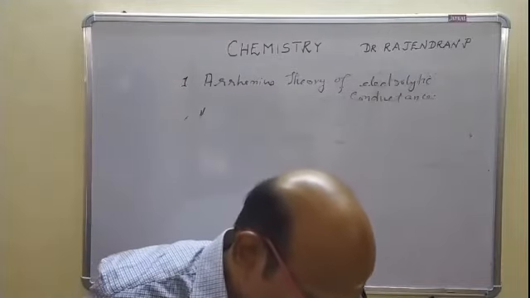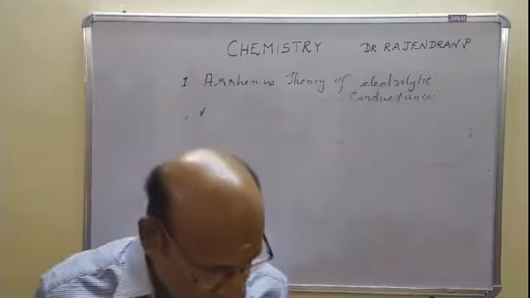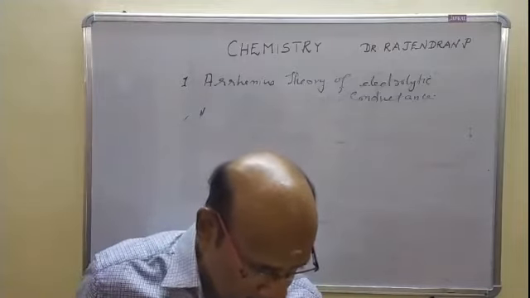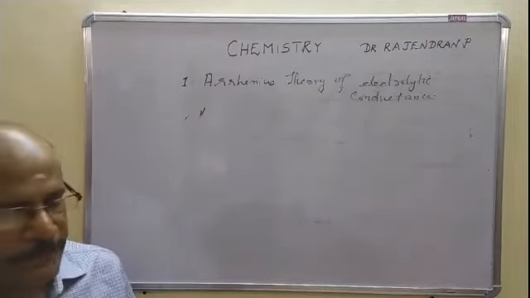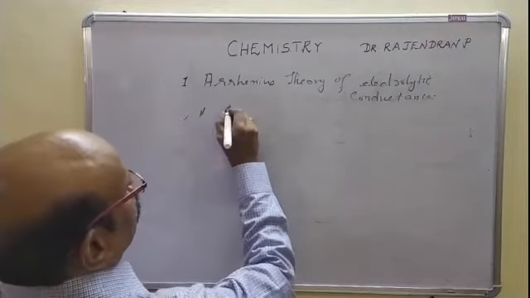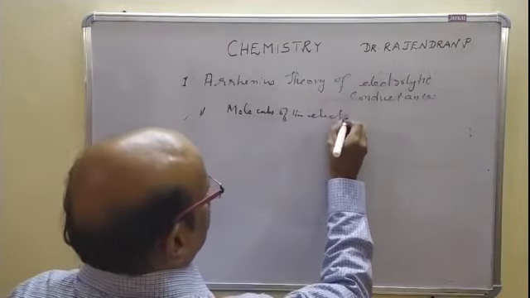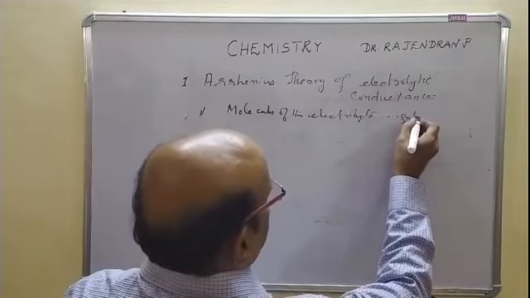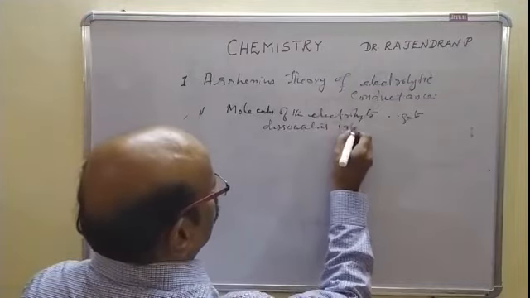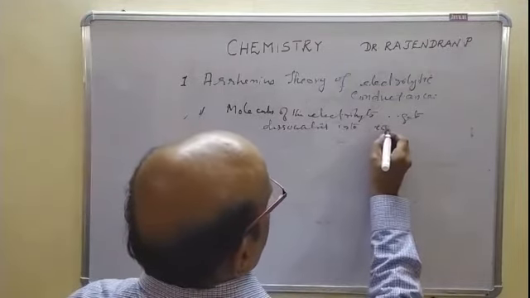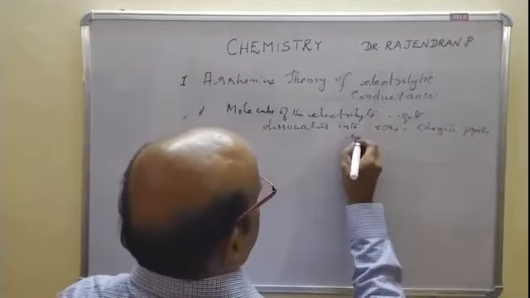The molecules of the electrolytes, acid, base and salt, in their aqueous solution are dissociated into ions or charged particles. So the molecule of the electrolyte gets dissociated into charged particles, into ions, in the solution.